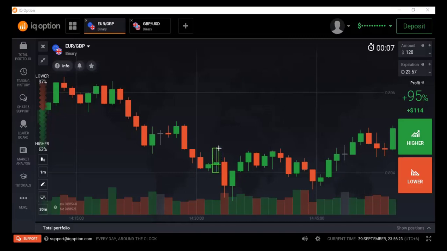Buyers pushed the market from here to here. Then sellers entered again from here, and finally sellers strongly pushed the market down, and the candlestick closed exactly at this area. That's why we found this type of weak bullish candlestick here.